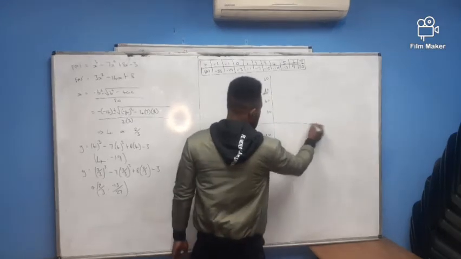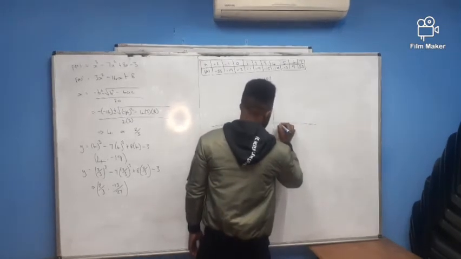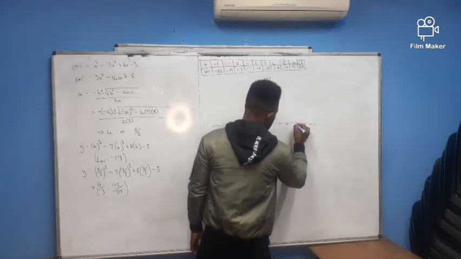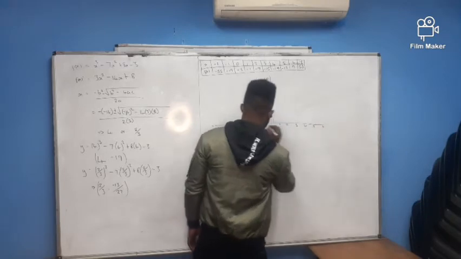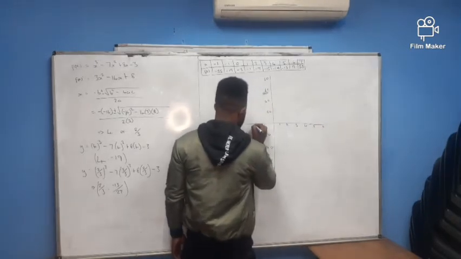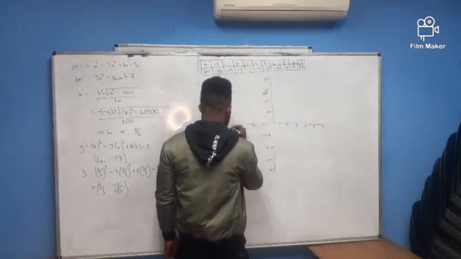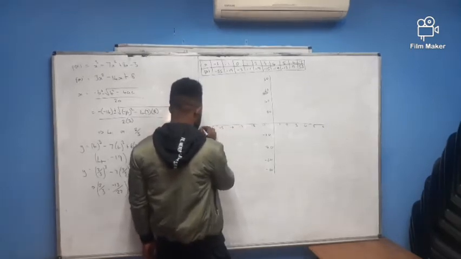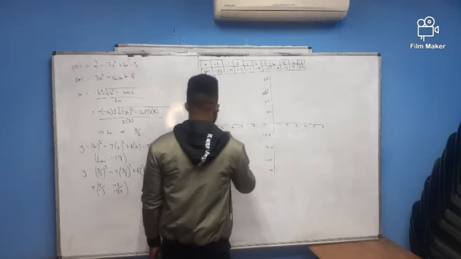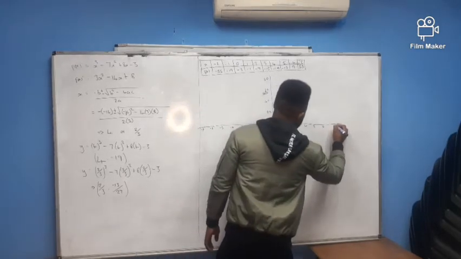It is just a rough sketch. So this is 1, 2, 3, 4, 5, and 6. This is -1, -2, -3, -4, -5, -6, -7, and then 7.